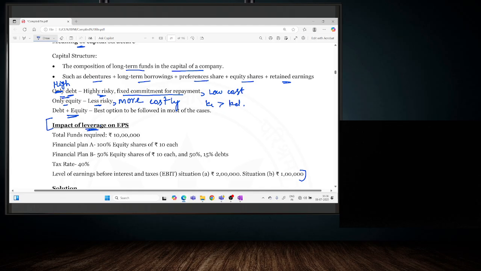But here we will do just this example, and the purpose of doing this example is when an organization should use debt in the capital structure.